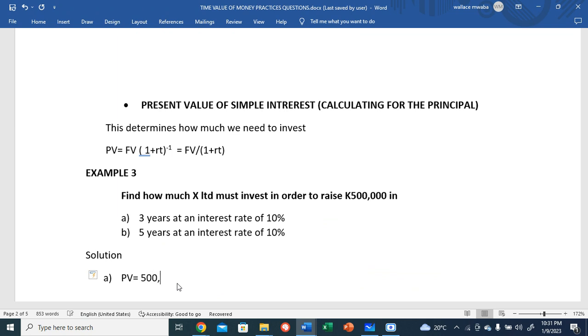So you say 500,000, right? Where there's FV, you put 500,000. Open brackets, 1 plus. So we have a rate of 10%. So our R is 0.1, 10% converted into decimal, times our time, which is 3 years. And to the power negative 1.